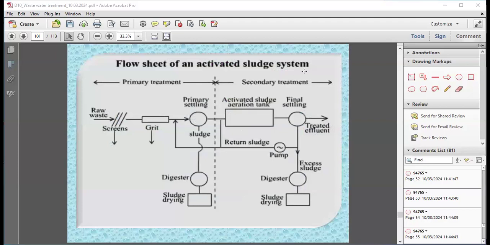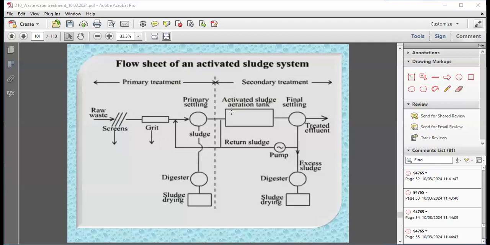The flow sheet of an activated sludge system: primary treatment and secondary treatment, raw waste, the screen, grit, primary settling. This is the flow sheet of activated sludge. So you have to understand the activated sludge. In future, we have to use the word activated sludge in the calculations.